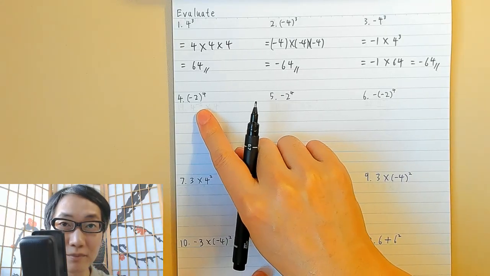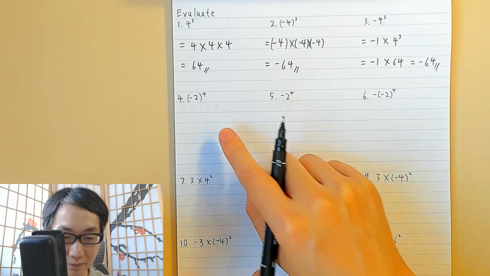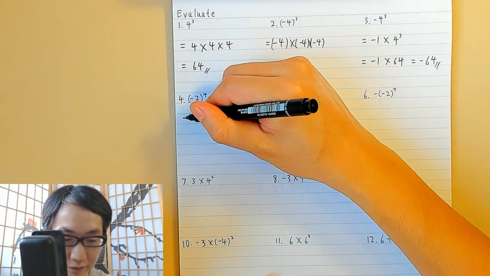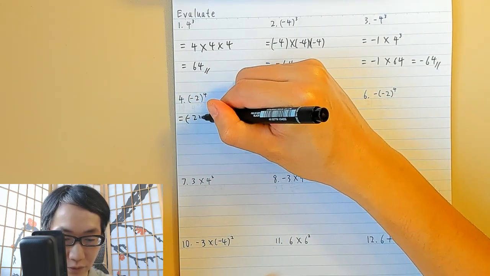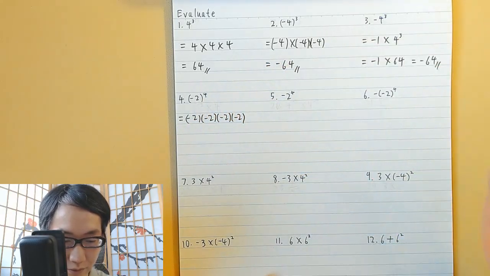Number 4. Negative 2 to the power of 4. So we have negative 2, negative 2, negative 2, negative 2.